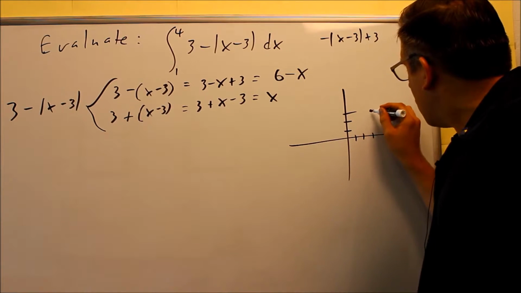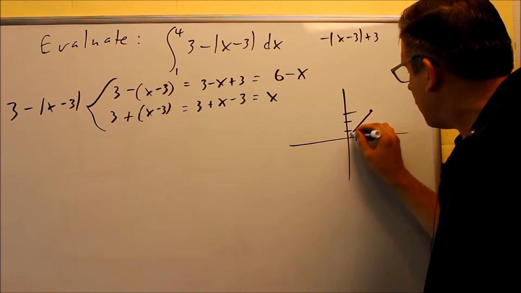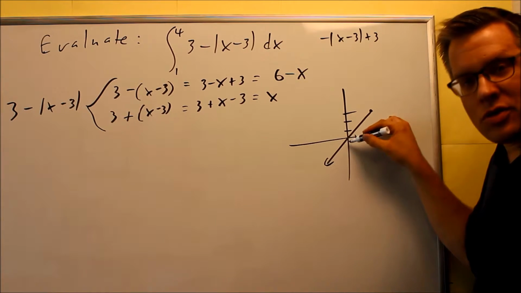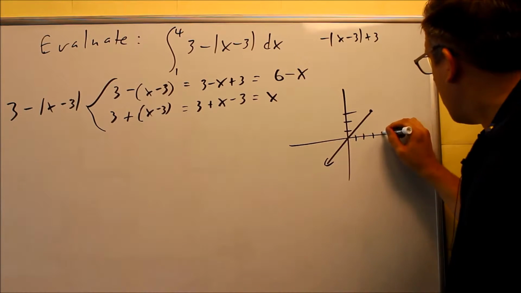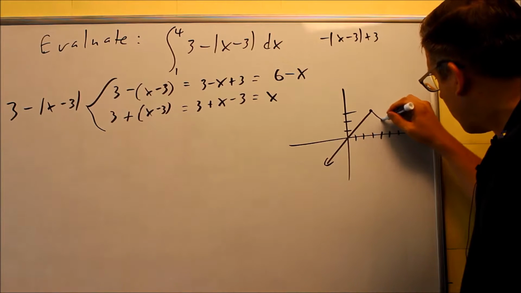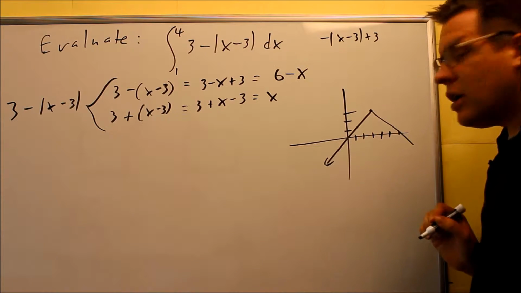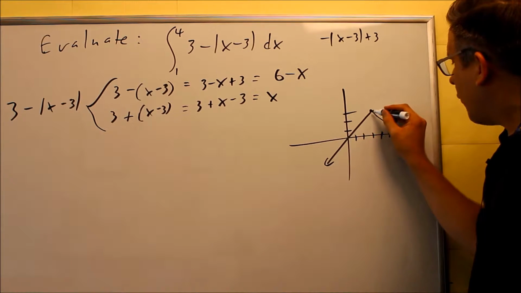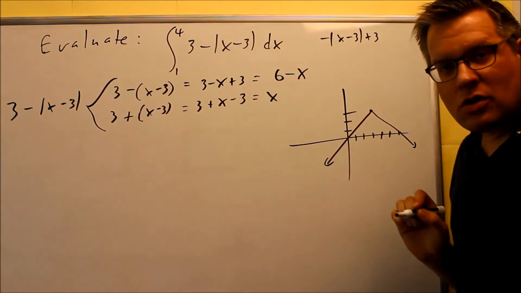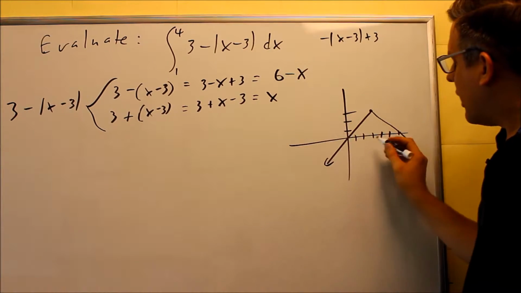This one goes through the origin, because it goes through 3, 3, 2, 2, 1, 1, and 0, 0. The other one, you go down 1 over 1, down 1 over 1, and so forth. That's going to take you down to here. And if you were to take that line and extend it back up to here, then you would get a 6. So these are our two different lines.